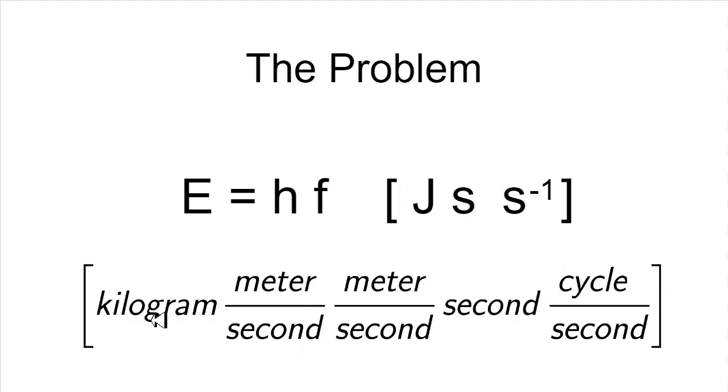You can clearly see that these are not going to cancel to give the units of the joule, because you have this extra ingredient in here that isn't canceled by the per cycle somewhere else in this formula. Okay, so somewhere else in here there has to be a per cycle.